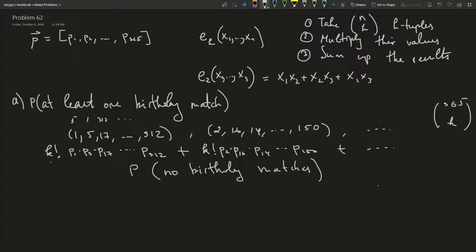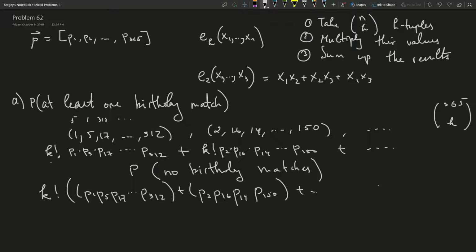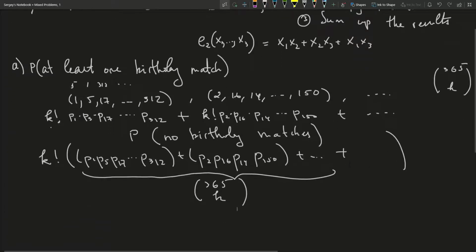Now from here we can factor out our k factorial, and we're left with p1, p5, p17, p312 plus p2, p16, p14, p150 plus etc., where here we have exactly our 365 choose k unique k tuples.